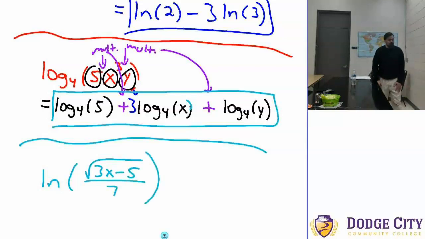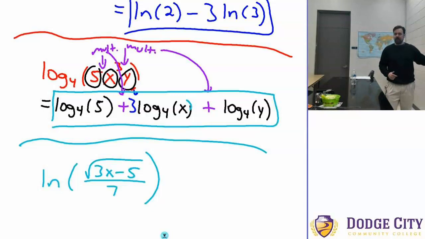So I'm going to do the same thing here. Whenever they throw a radical into the logarithm, what you will want to do with that is rewrite it as an exponent. And then as an exponent, you can bring that number in front of the logarithm. So you never want to leave radicals as radicals in these problems.